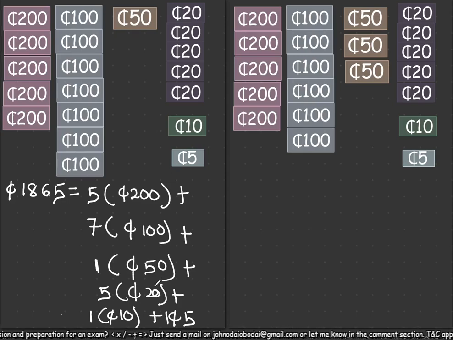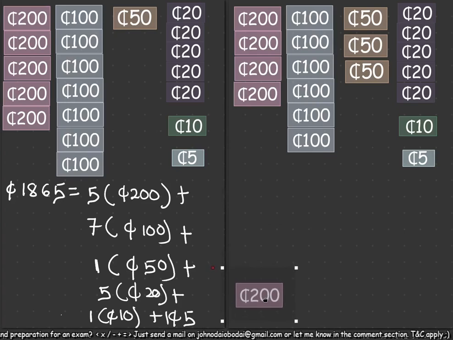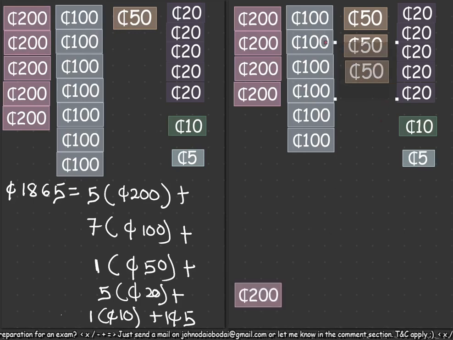Someone would have also said, well, I don't need so many 200 cedis because if I go to town, I wouldn't get change. So pick out 200 cedis and then give me, let's say, 4 of the 50 cedis.